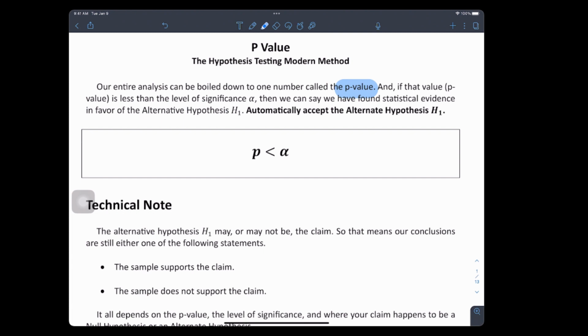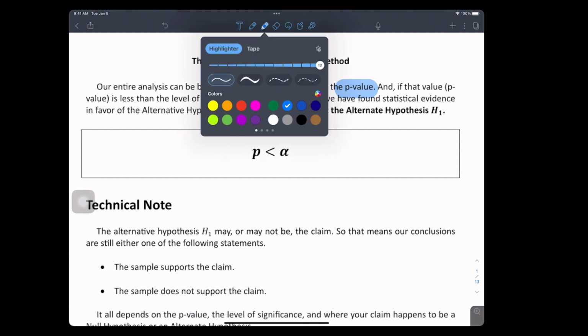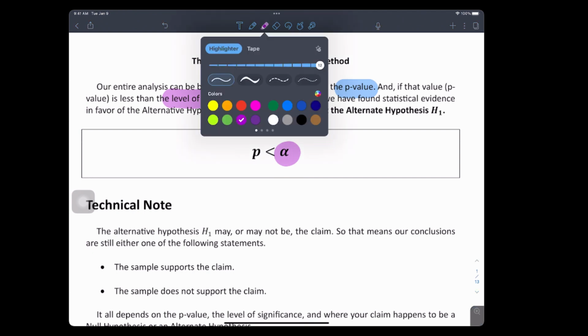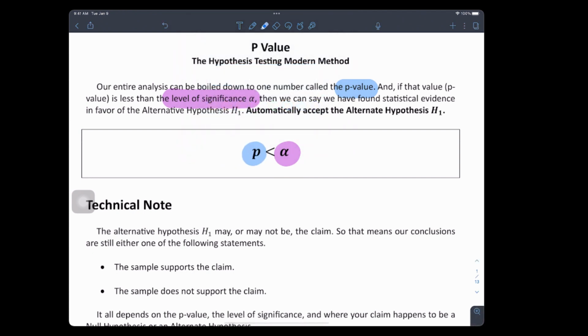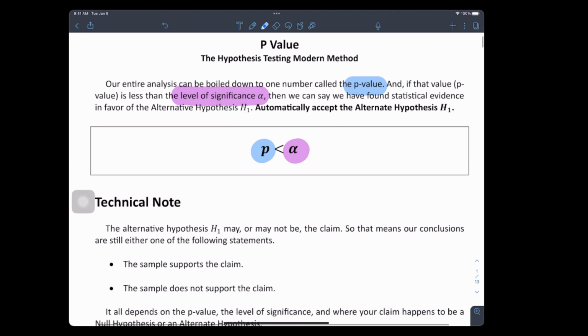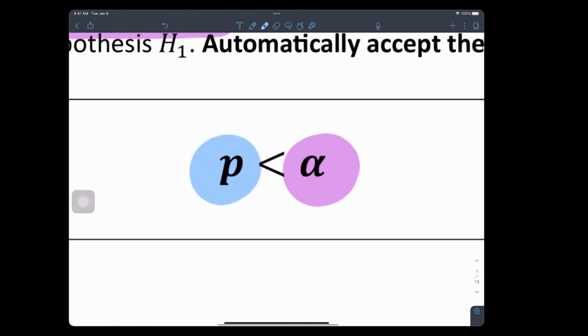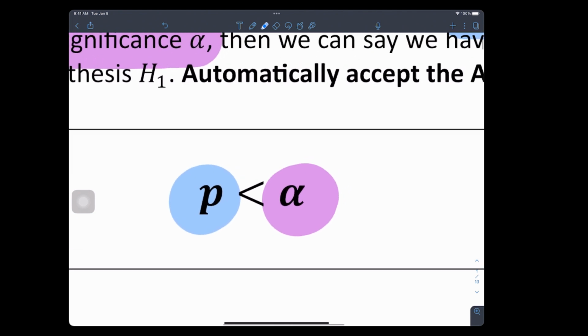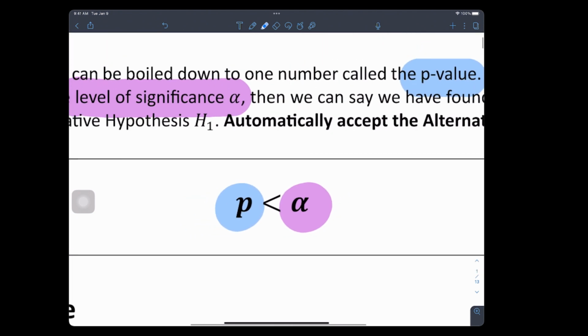Excuse me. Now, remember, your level of significance is alpha. So we're going to try to see if that p-value that we're going to compute is what? Less than the level of significance. That's going to be the basis of the modern approach.